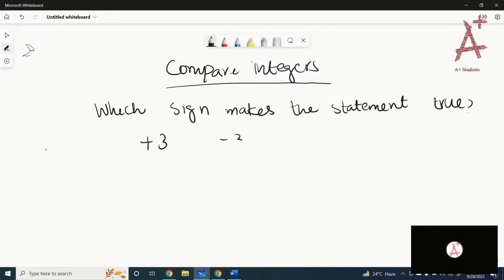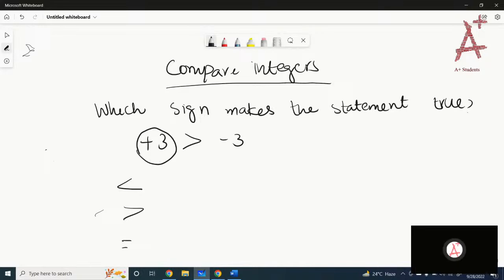So which sign makes the statement true? Less than, greater than, or equal to? Which one? Greater. I just told the very important point that the positive numbers are always greater than the negative numbers. So +3 is greater than -3. Got it?